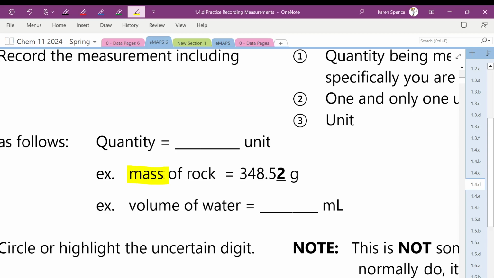If you were using a graduated cylinder, what do graduated cylinders measure? Volume. So you would say the mass of the rock equals blah-de-blah grams, the volume of the water equals blah-de-blah mils. Okay? You are going to circle or highlight your uncertain digit, not because you'll do that for the rest of your life, but just to remind yourselves what it's about.